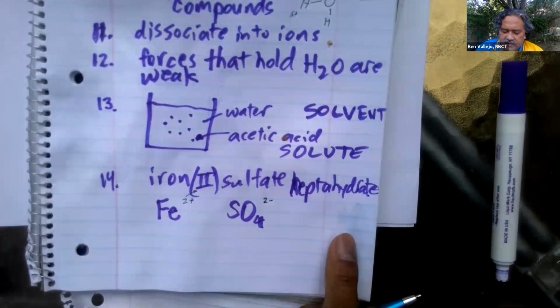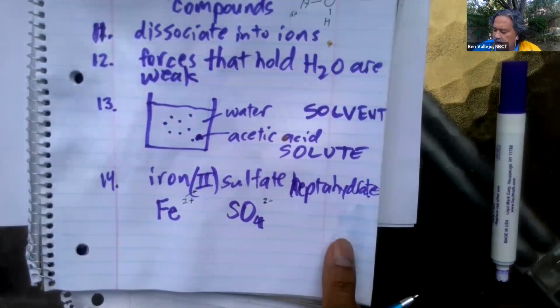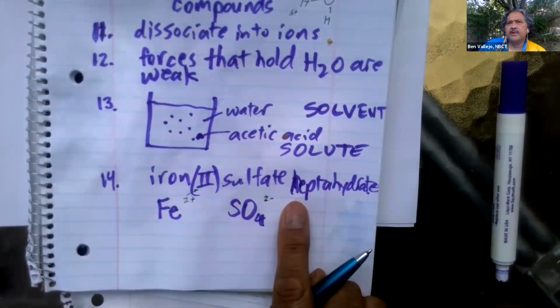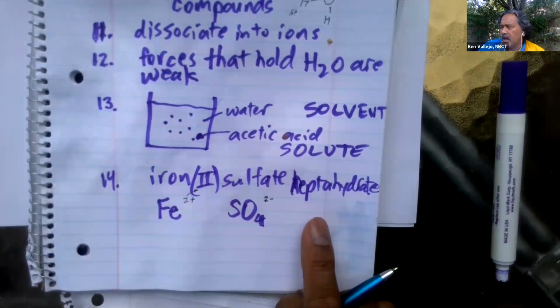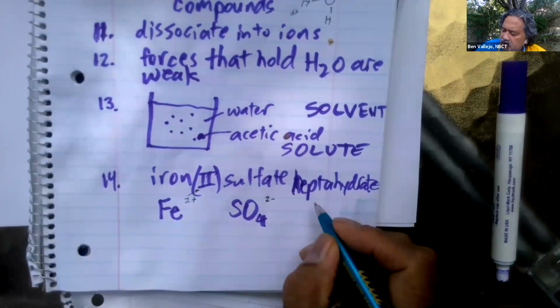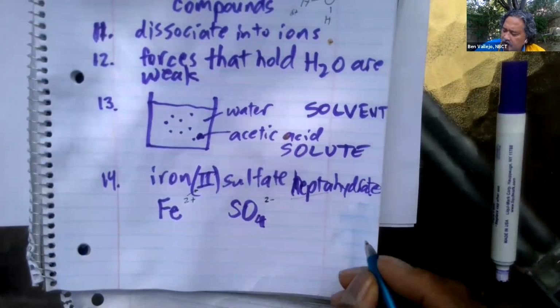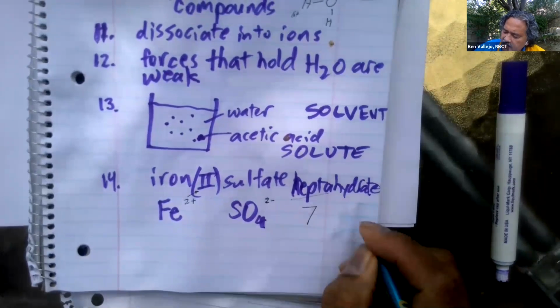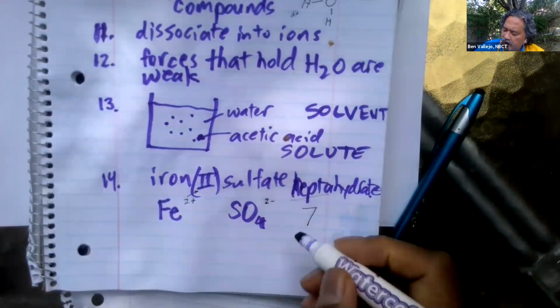And now this is the new part for us in this chapter, heptahydrate. Hepta is one of those prefixes that tells you a number like mono, di. Mono is 1, 2 is di, 3 is tri, 4 is tetra, 5 like the Pentagon building, penta, 6 is hexa, and then 7 is hepta. So there are going to be 7 of something, and it's a hydrate, so we know that's water.